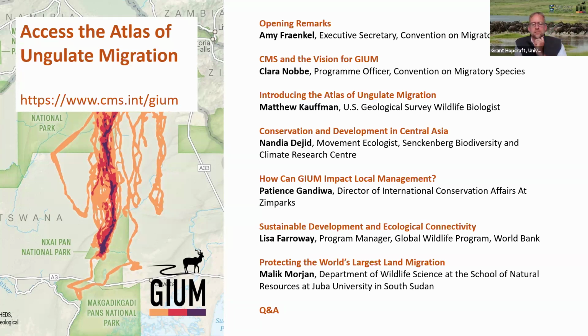Sure, I can talk to that. Well, first, when we look at a species that gets listed on CMS, we look at the entire range. So we're mapping where the species is found, and in many cases we try to bring all the range states together.